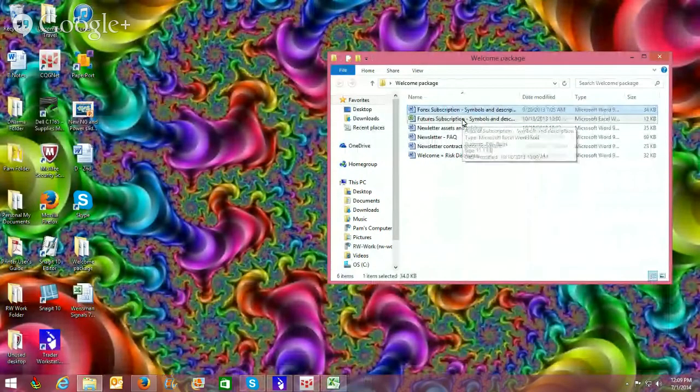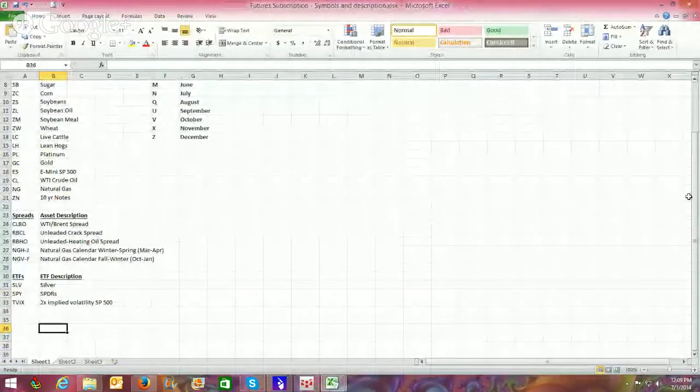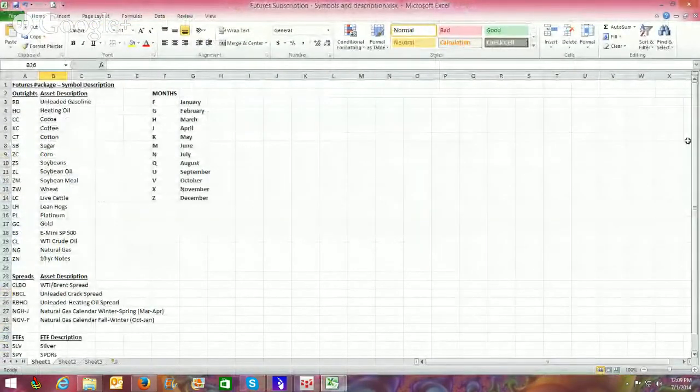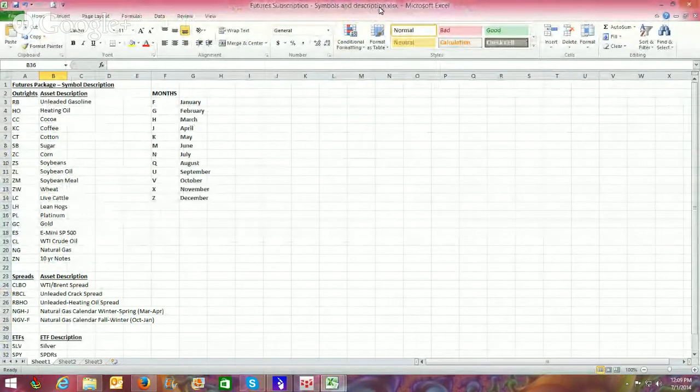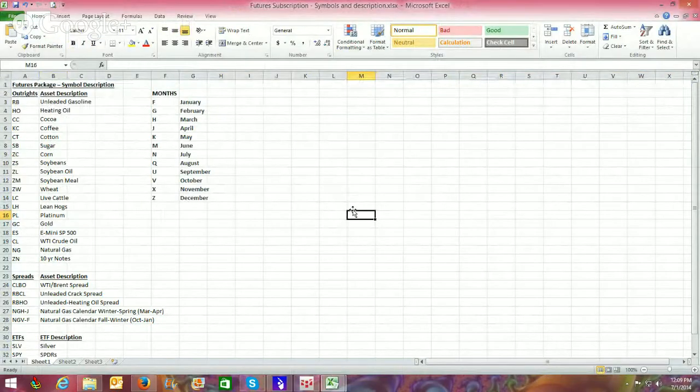Now we're going to go on to futures. Futures is going to be a little more involved, just because there's more of them. Okay, so the first thing you're going to see when you open up the futures subscription symbols and description document is this. You can see it says futures package symbol description, and then it's going to be broken up into these tabs.